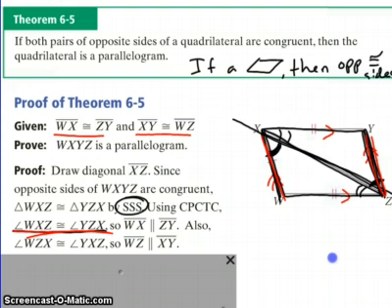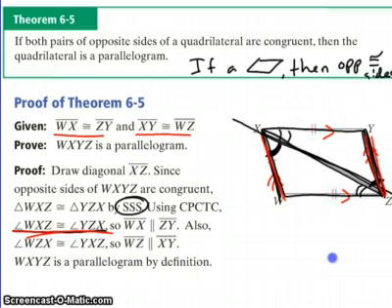So it's necessary to prove both are parallel. And now I have enough to say it's a parallelogram. So these two statements of congruency are sufficient for proving that it's a parallelogram.